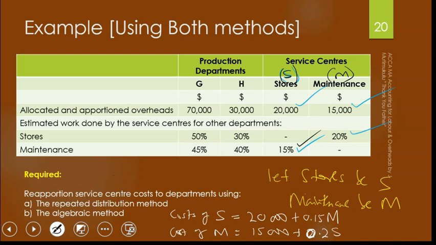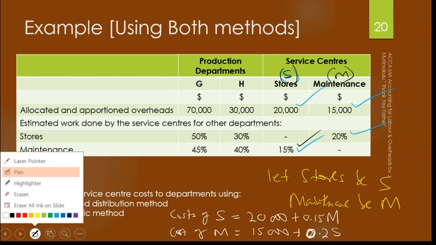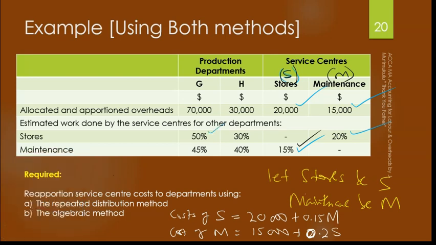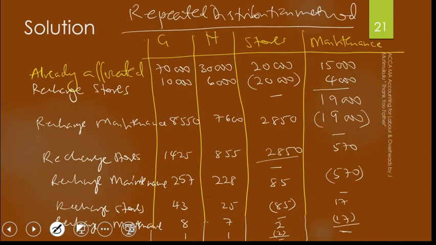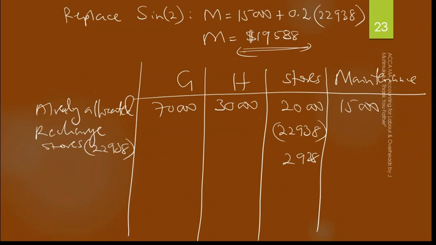All right, the stores costs are apportioned as 50%, 50%, 30%, 20%. So 50% of 22,938 is 11,469.